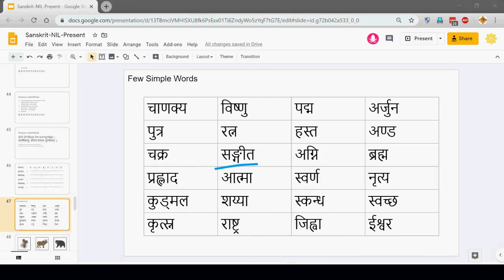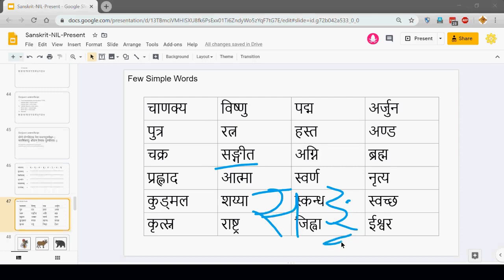Sangeeta. The sa is full, and then there is a nga part. This nga is like when we say the word English, there is a nga sound before the ga.